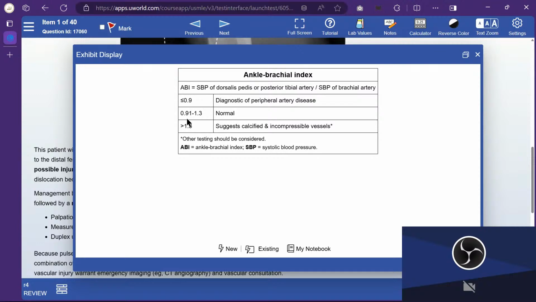If it is between 0.9 and 1.3, it is normal. If it is more than 1.3, it suggests calcification or incompressible vessels.